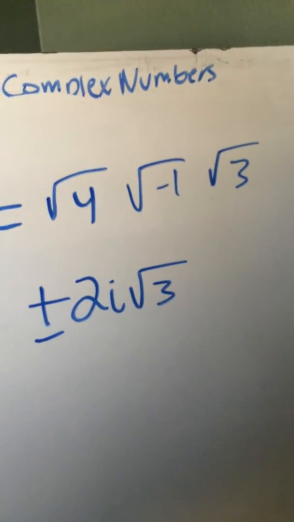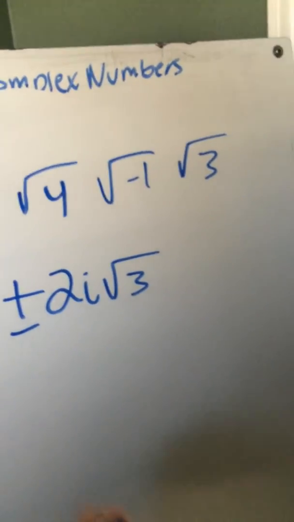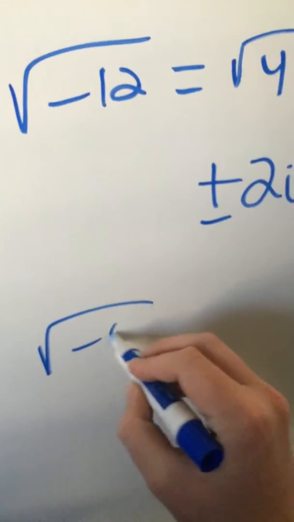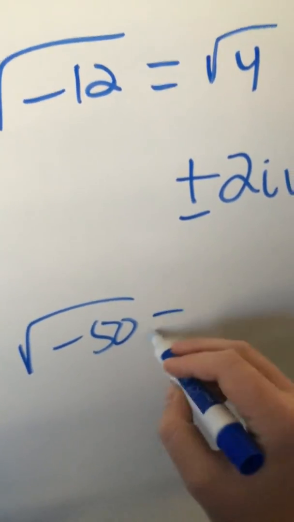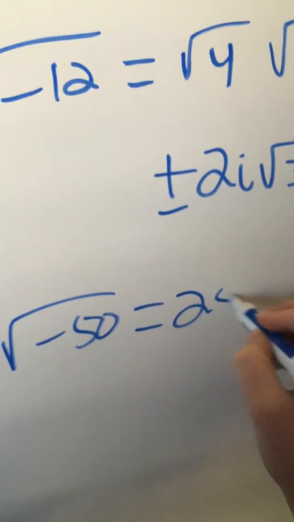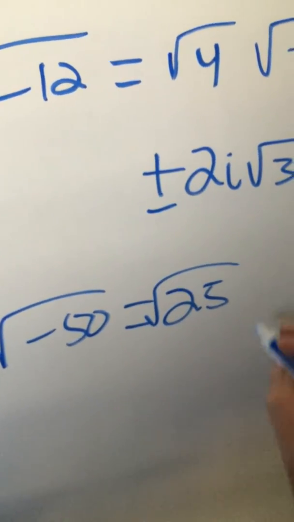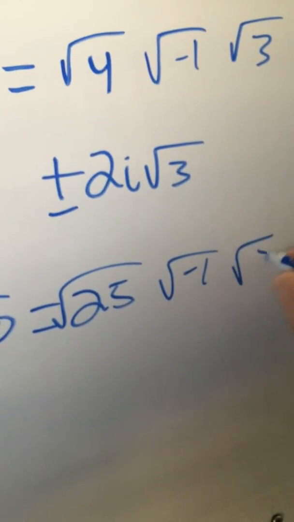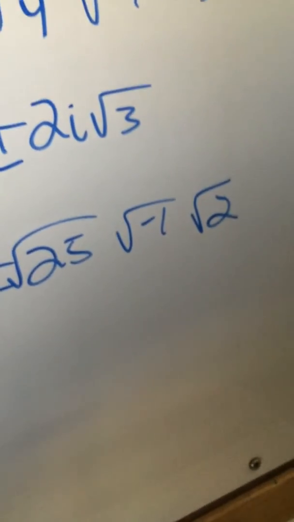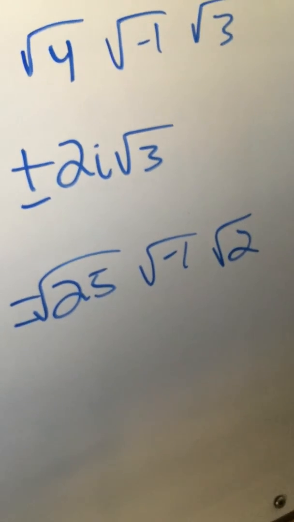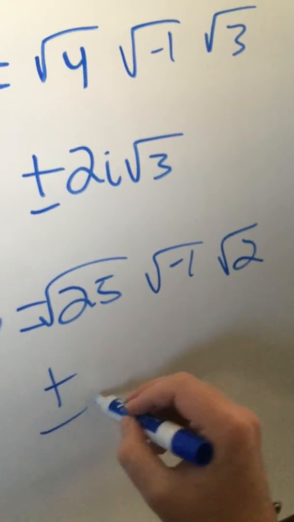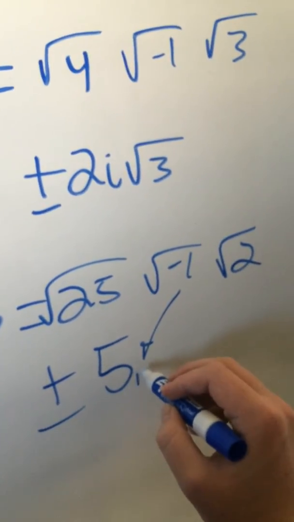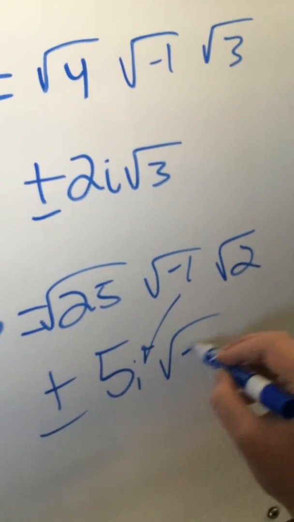Next question would be the square root of -50. You have the square root of 25, square root of -1, and square root of 2. And so you have plus or minus 5i square root of 2.